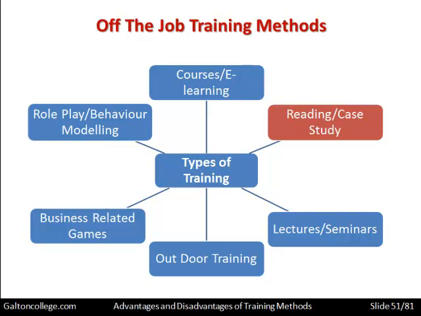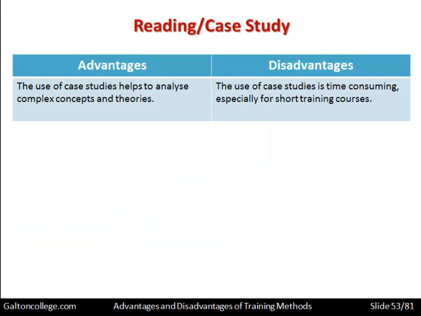Next, reading and case studies. Well, the use of case studies helps to analyze complex concepts and theories. Case studies can give us an insight into very complex issues and complex theories. The case study approach is very powerful because we can see similar situations, perhaps to the one we're working in, written up as a case study, and we can figure out what happened at the end.